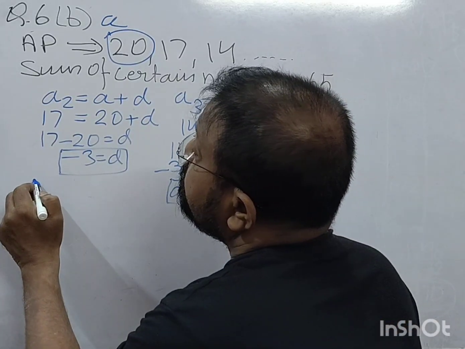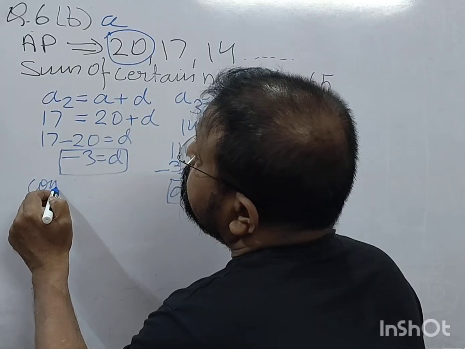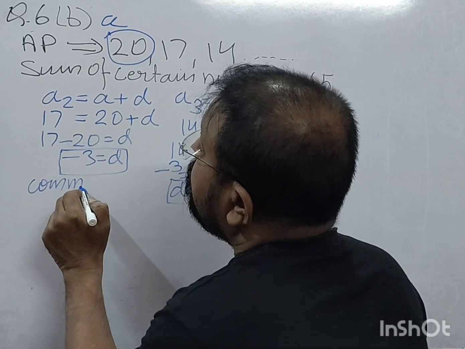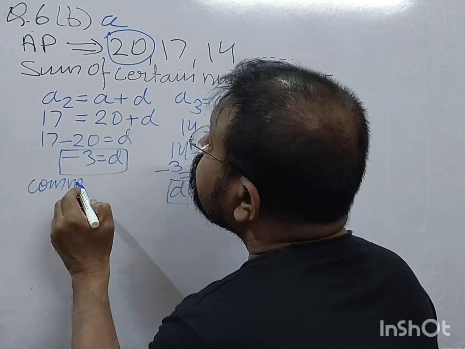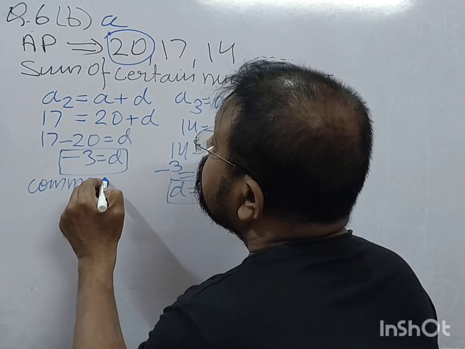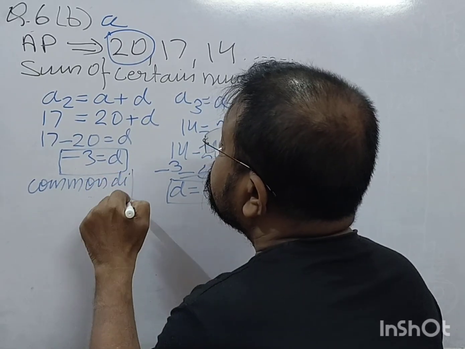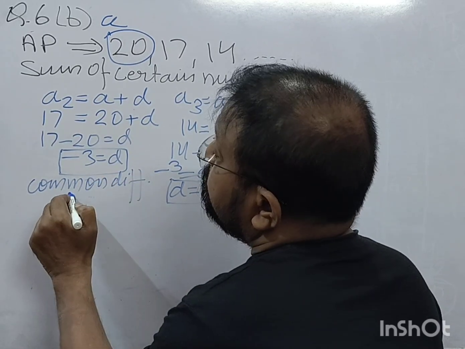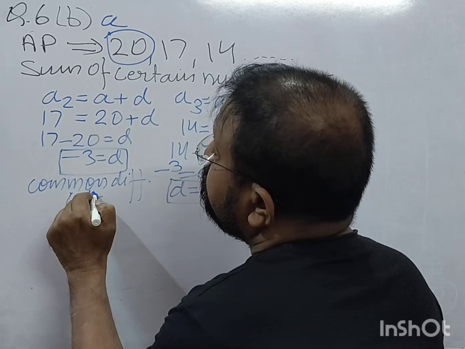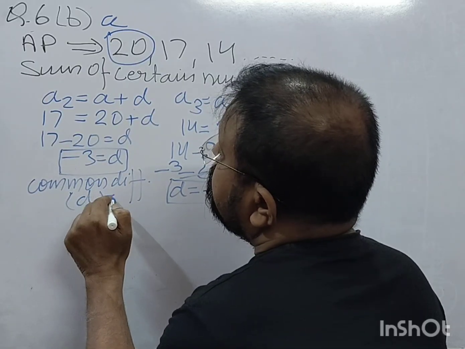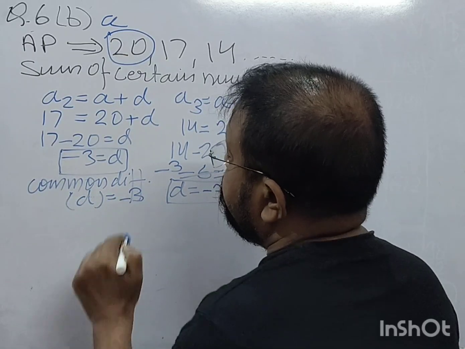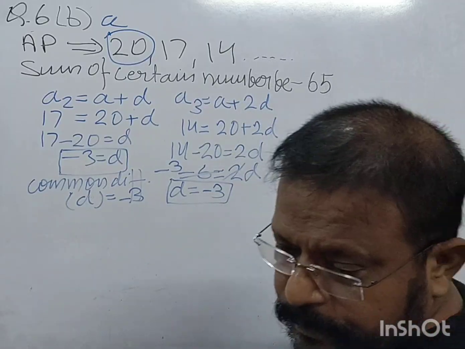So common difference D is equal to minus 3. Right?